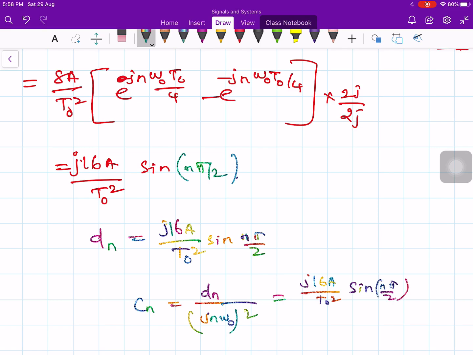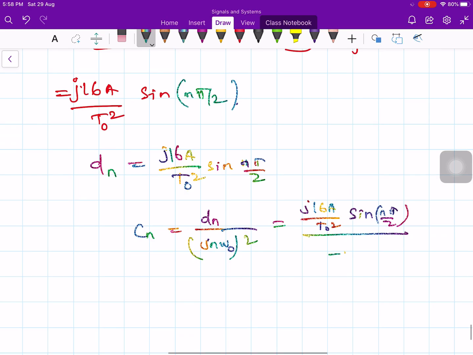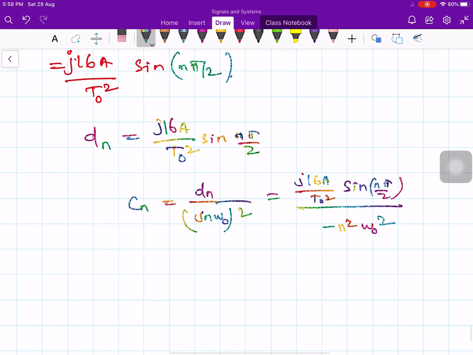It's a fairly mechanical procedure, just do it, minus n squared omega naught squared. So minus j times 16a divided by n squared omega naught squared multiplied by t naught squared times sine of n pi by 2.